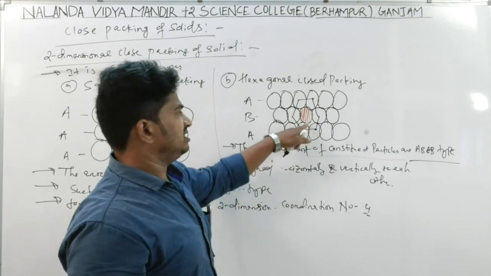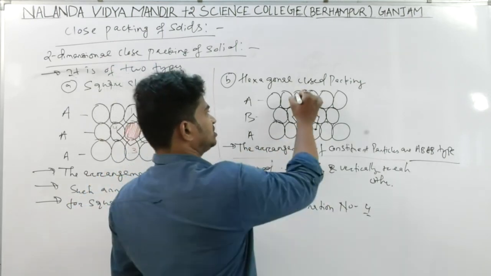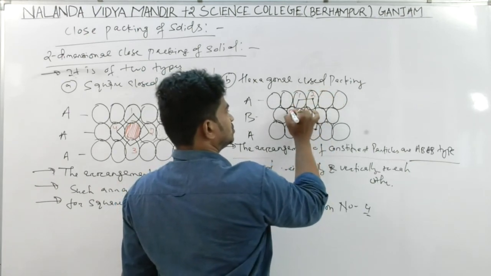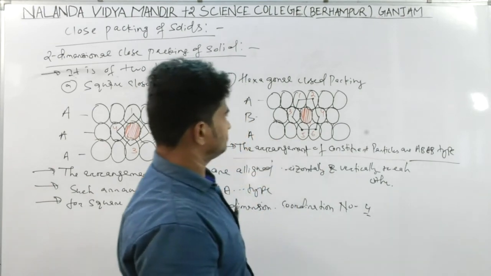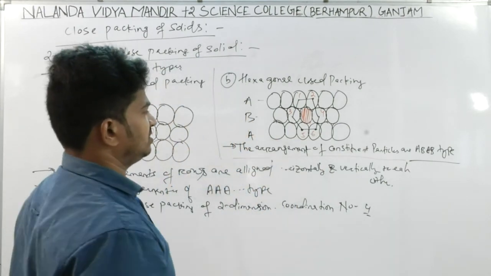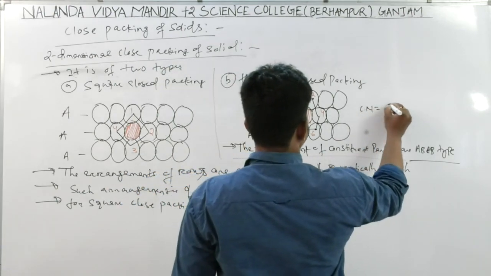That's why its coordination number is 6. This one is 1, 2, 3, 4, 5, 6. So coordination number is equal to 6.